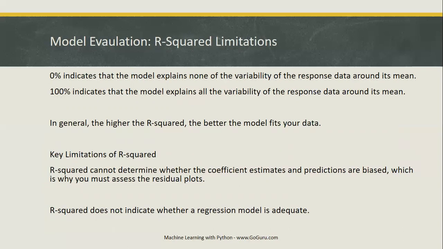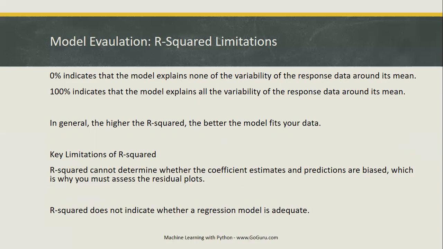So what are the key limitations of R square? R square is good. It gives you the basic understanding of how efficient the model is, but it cannot tell us how biased the predictions are. When I say biased, sometimes when you use an algorithm to do predictions, it understands your training data so well that it works well for that one set of data, and the moment you give it new data, it cannot make a good prediction.